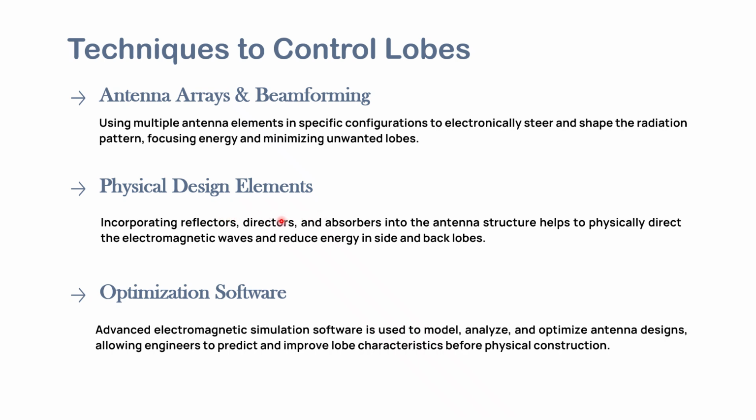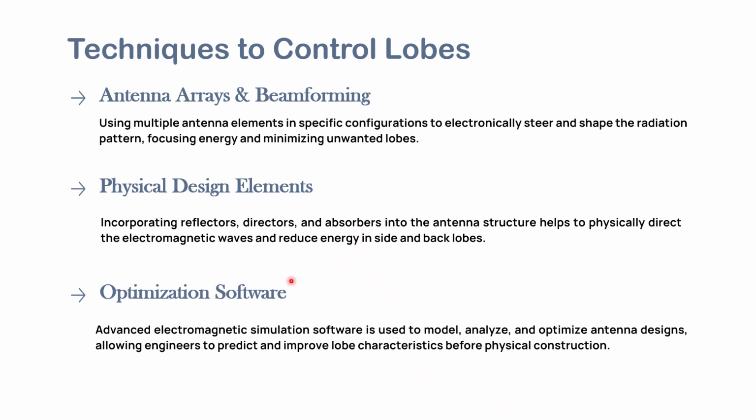In the same way, signals can be received by a receiver by directing all the electromagnetic signals towards the feed point. That is also possible with a director. And some absorbers can also be attached to suppress the noise.